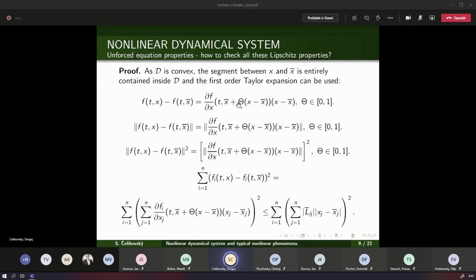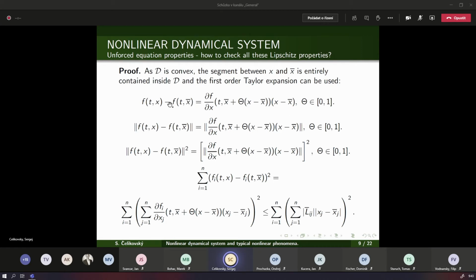You can see here, for instance, that if theta is equal to 0, then we are at point x bar. If theta is equal to 1, then we are at the point x. So as theta runs from 0 to 1, this runs along the segment connecting x and x bar.